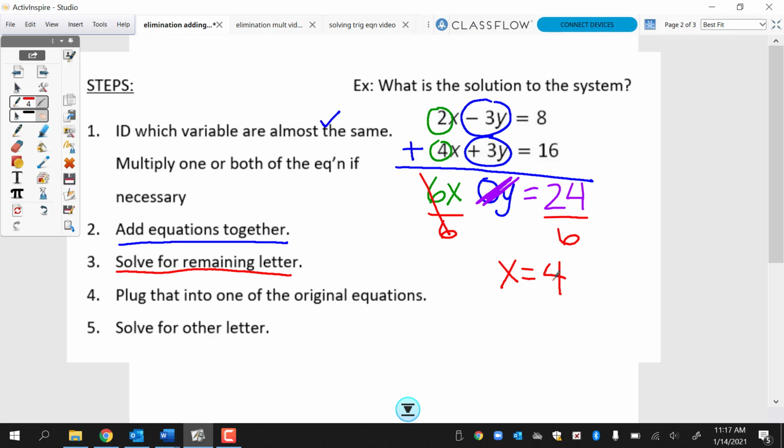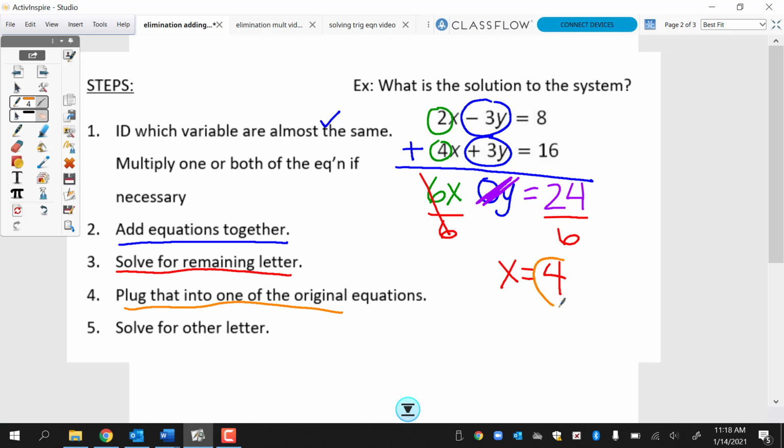Yahoo. Solve for the remaining letter. That's that. Now that seemed pretty easy. And you're like, Miss, why haven't we been doing this the whole time? Well, we know we're not done. We need another number in our answer because we know our numbers are in parentheses, and there's 2 numbers in our answer. And right now I only have 1 number. So what do I do? Well, I'm going to plug that number in. We're going to plug it into one of the equations up here.